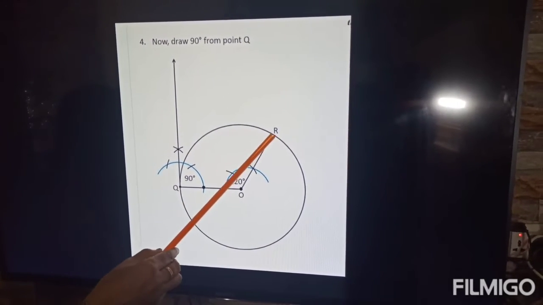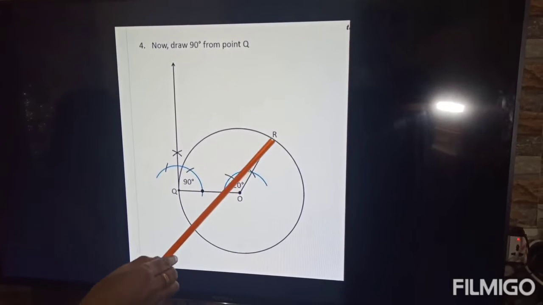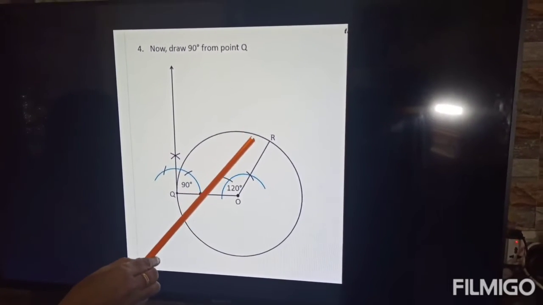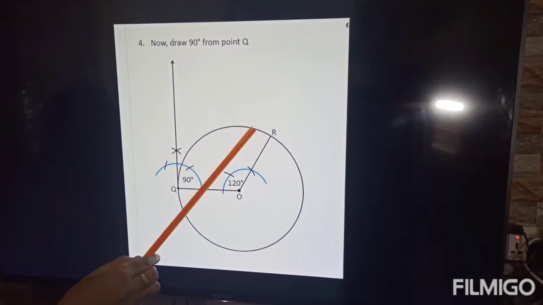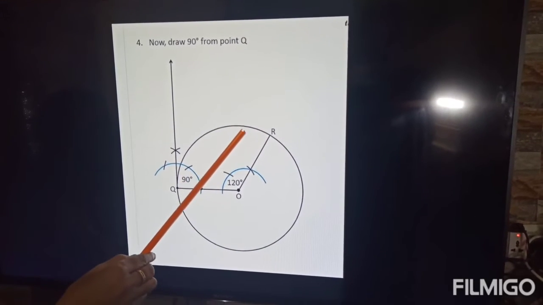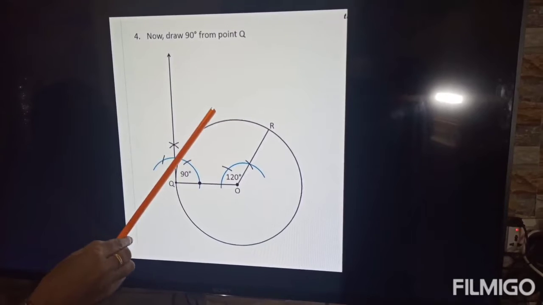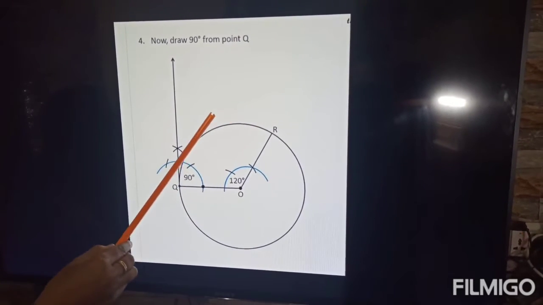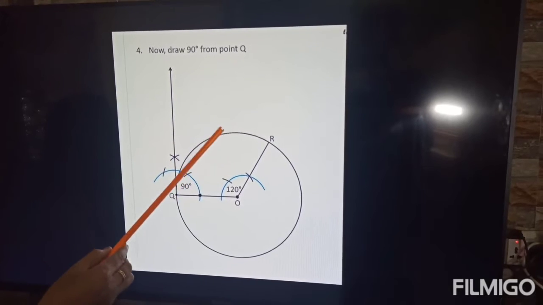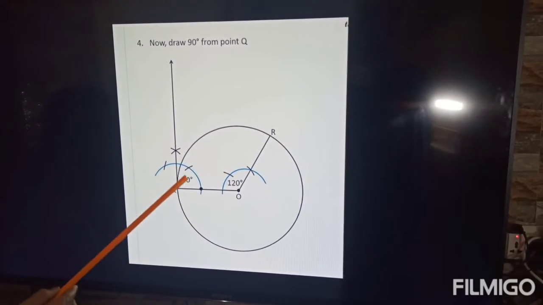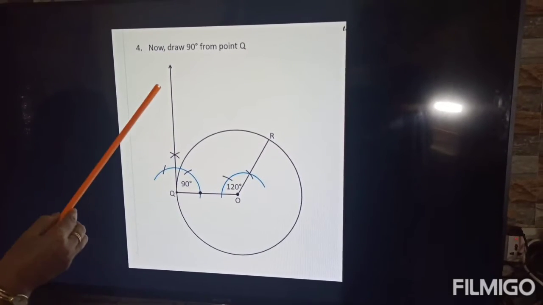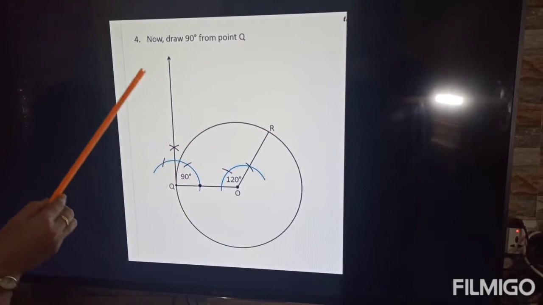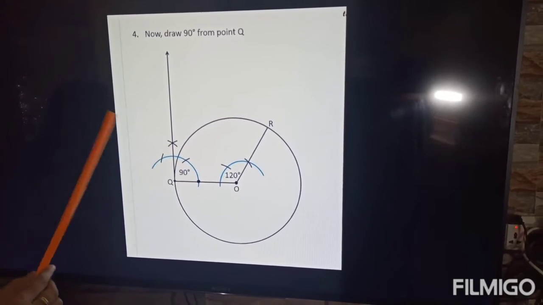same procedure we have to draw one more semicircle on R, and there also put two arcs with the same compass. Then from those two arcs, one more arc from the first arc and another arc from the second arc, both intersect each other, no? Like this only, join that intersecting point and R and produce it, you will get that line.